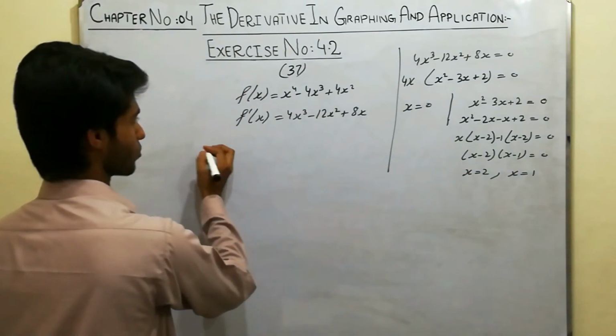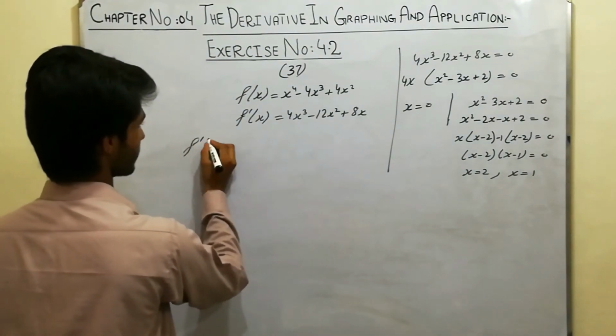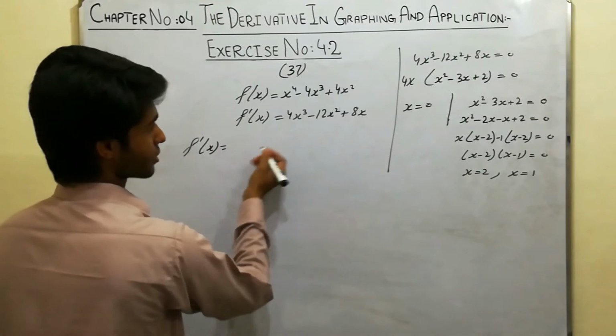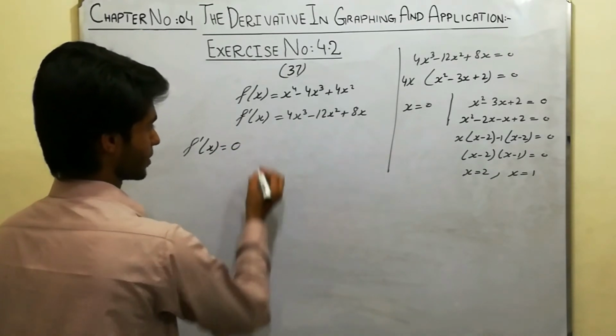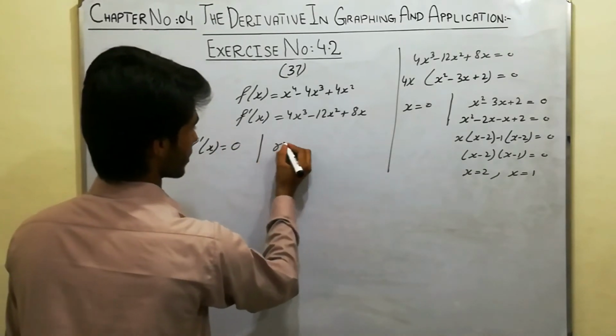We put these points in the function's derivative. We put x is equal to 0, so we have only 0.